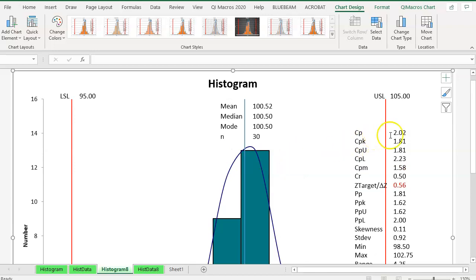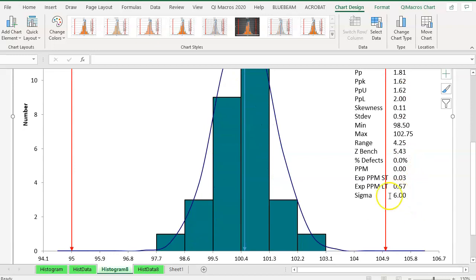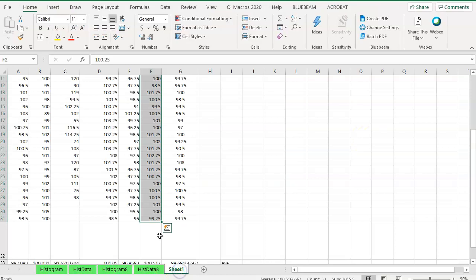So what this tells me is, based upon this very little amount of variation, there's still some opportunity at further centering, to get this right at 100, for instance, with this little variation. That's why we see a little bit of difference between CP and CPK. And the numbers are quite high. And with CP equal to 2, I'd expect our sigma level of performance to be right around 6, and that's exactly what we've got. Let's take a look at another team's data next.